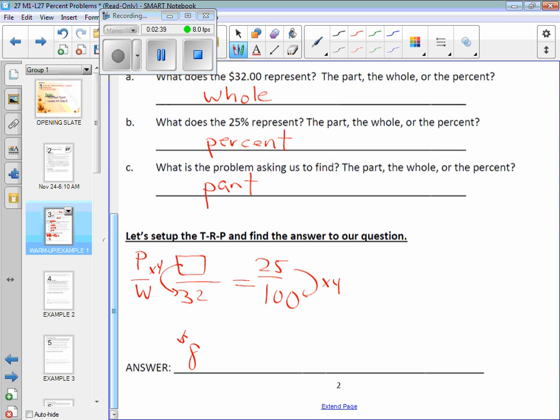And very important, $8 is representing what? Aiden? 25%. Right, but what is the $8? Is that what you're paying or is that what you're saving? That's just what you're saving. Right, you're saving $8.